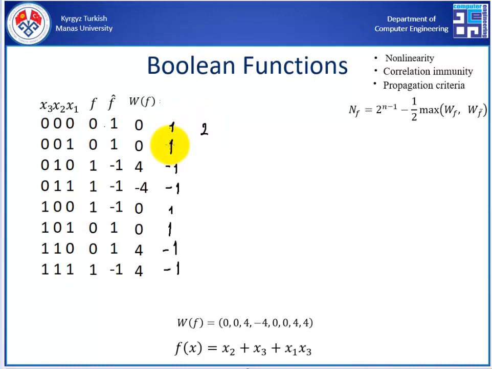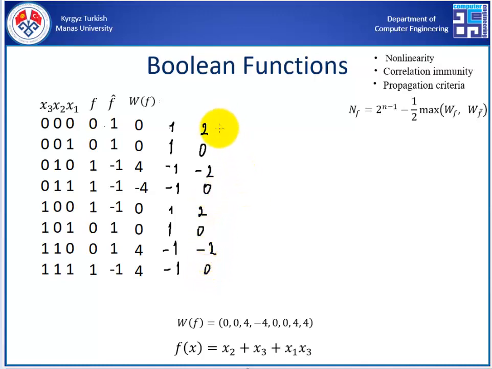Subtracting this element from the first element, we obtain 0. -1 plus -1 gives us -2. Here we have 0. The sum of these two elements gives us 2. 1 minus 1 gives us 0. Here the sum gives us -2, and the difference is 0.